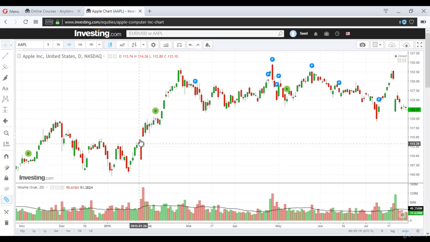Example, right here it was rising, rising, rising, and then it was going nowhere, it's going straight. This is the low point, this is the highest point of this green candle, and they're going straight. So it happens to come here. Now, you know it's going nowhere. So you should be considering it a bullish sign.